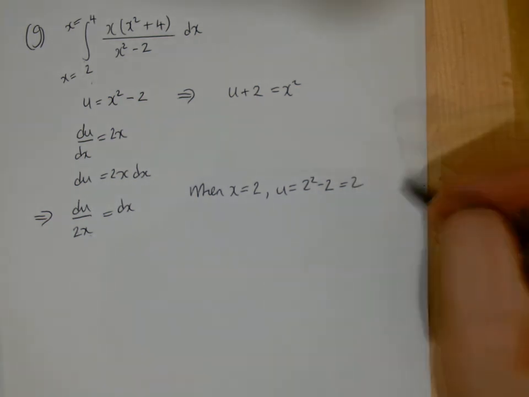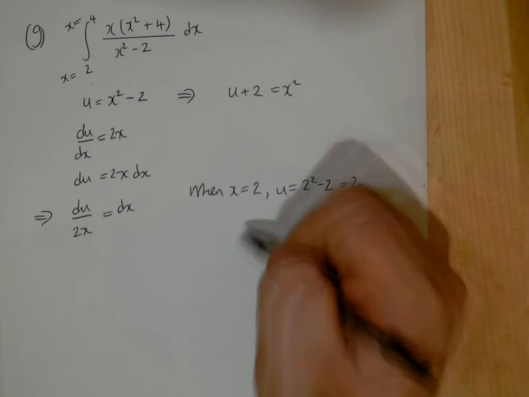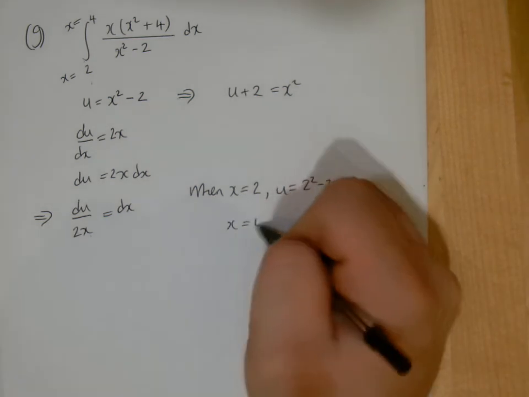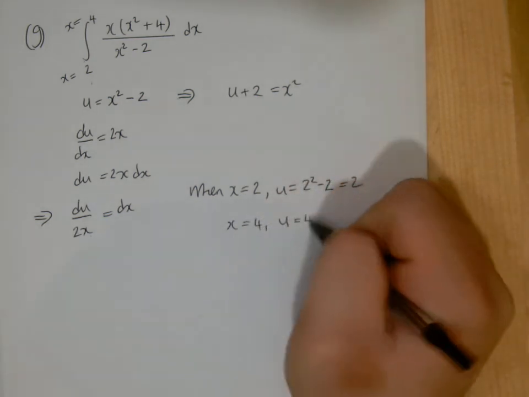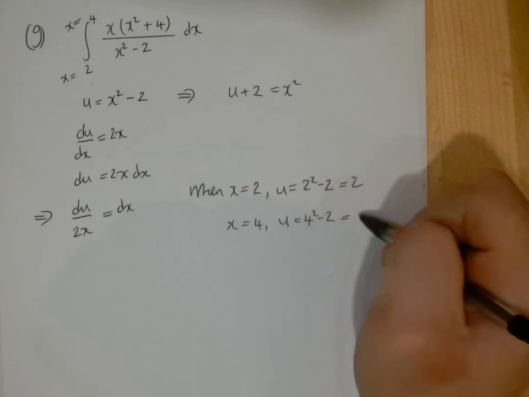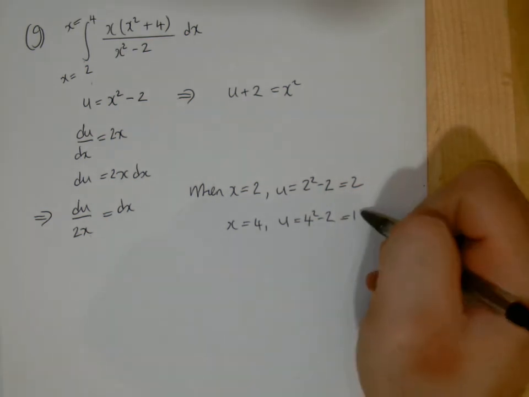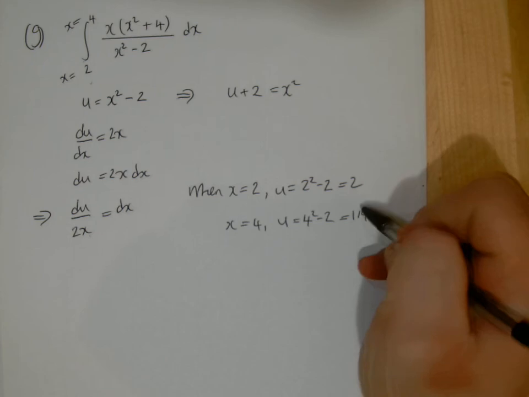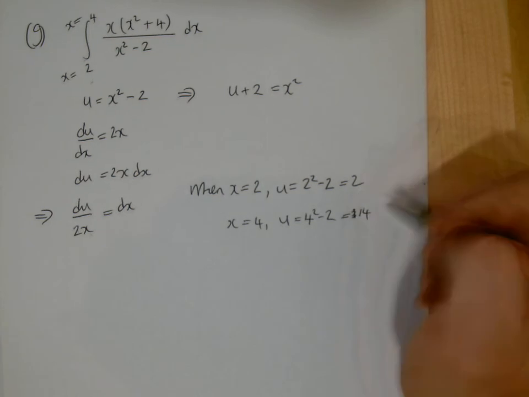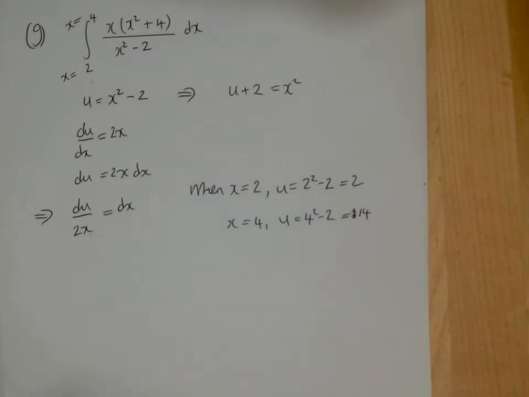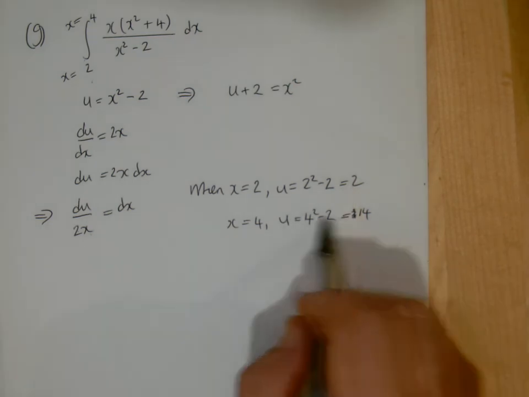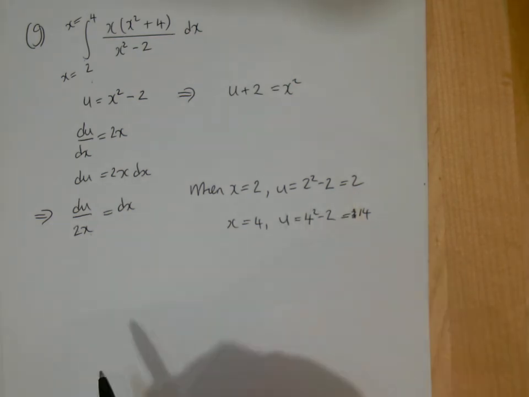So actually, u is the same value. Then when x is 4, u will equal 4 squared minus 2, which works out to be 14. Oops, not 114, 14. So the lower limit would stay the same for u, but the upper limit becomes 14.